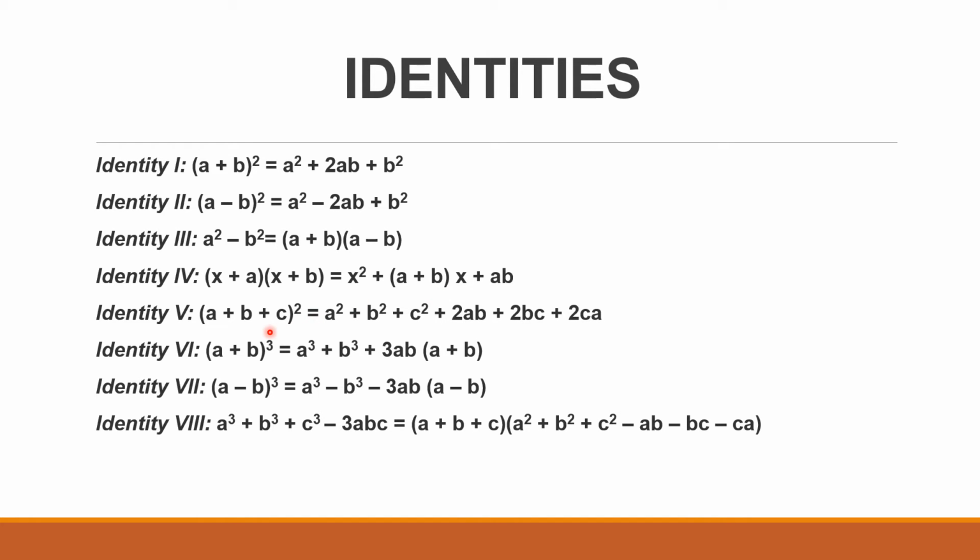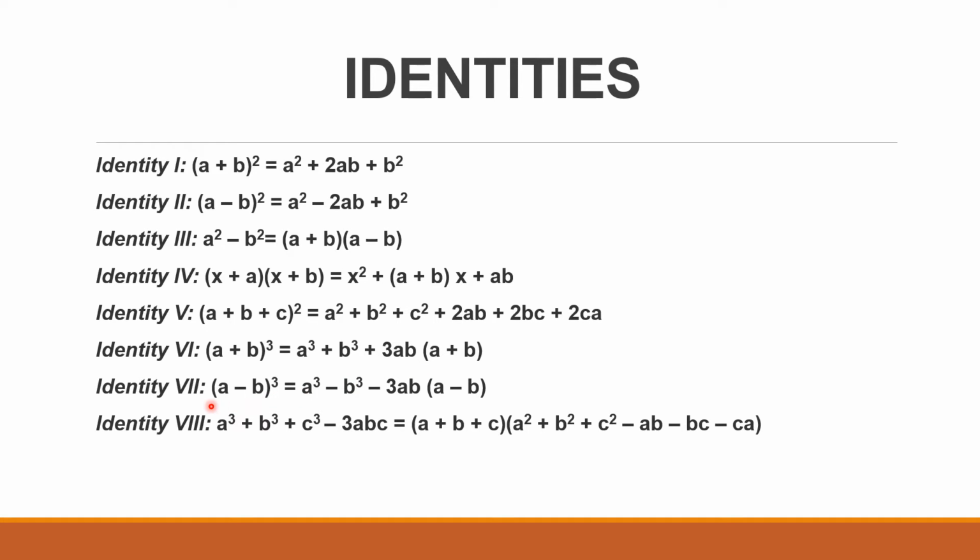The new identity in class 9th is a plus b plus c whole square. The result is a square plus b square plus c square plus 2ab plus 2bc and plus 2ca. If we have a plus b whole cube, we can solve it as a cube plus b cube plus 3ab and a plus b.